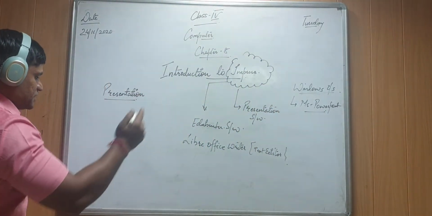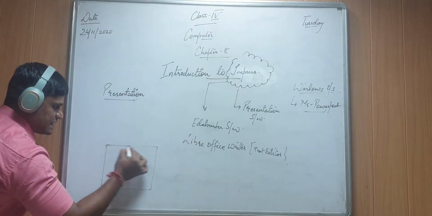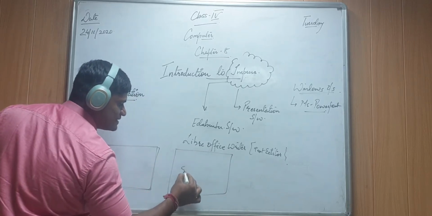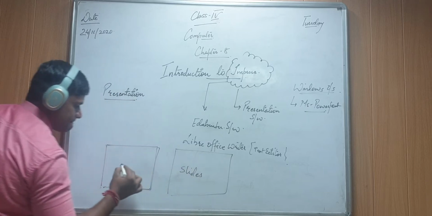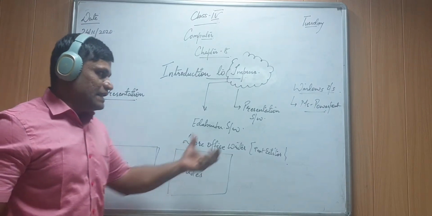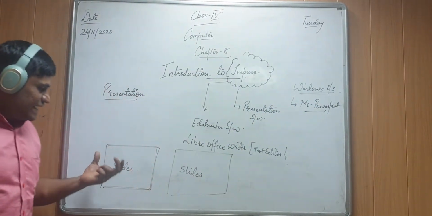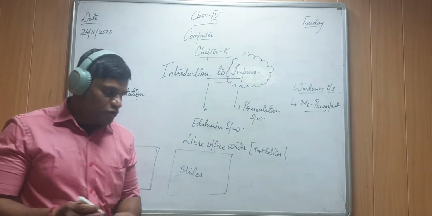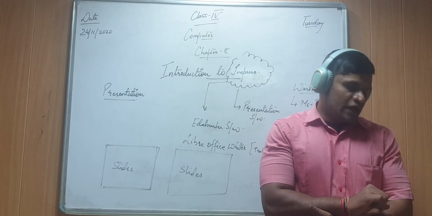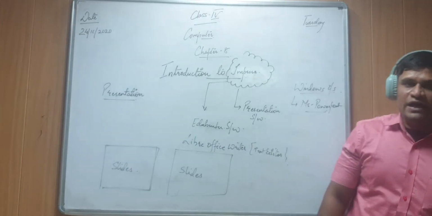Now, these presentations consist of different pages, or you can say different segments, and these pages are known as slides. It is similar whether it is in MS PowerPoint or in Impress. Like the individual pages of your notebook, such individual pages in this software are known as slides.